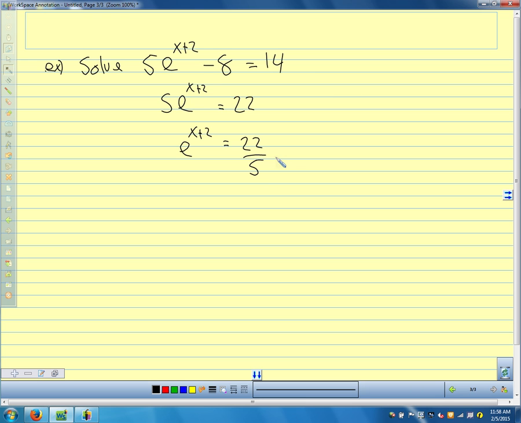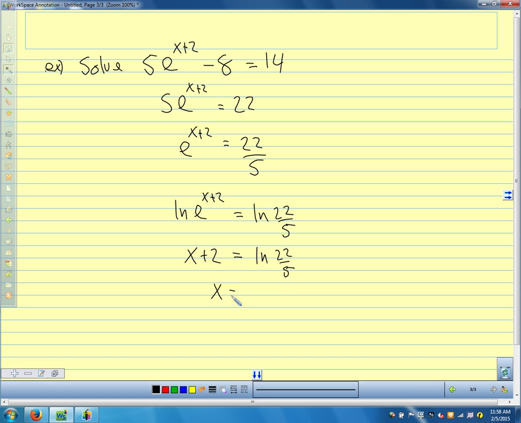So which technique do we want to use here? Take the natural log of both sides. So I get the natural log of e to the x plus 2 equals natural log of 22 fifths. Natural log of e to the x plus 2 is x plus 2 equals natural log of 22 fifths.